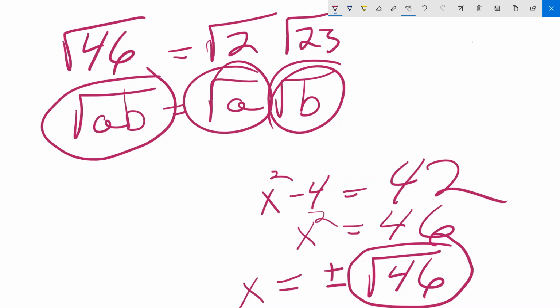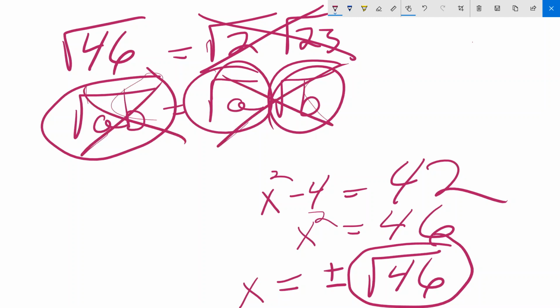Are either of these numbers perfect square numbers? No, they're not. And what that means is we're not going to do it. The simplified answer is plus or minus the square root of 46.